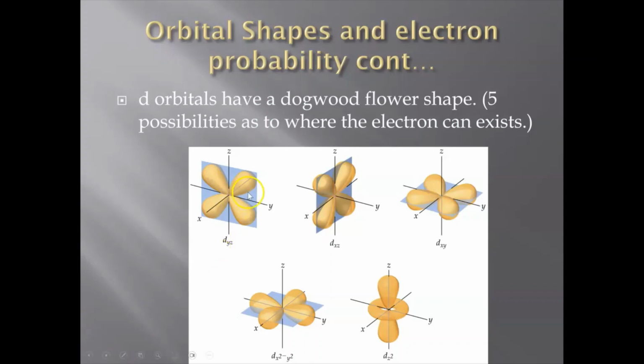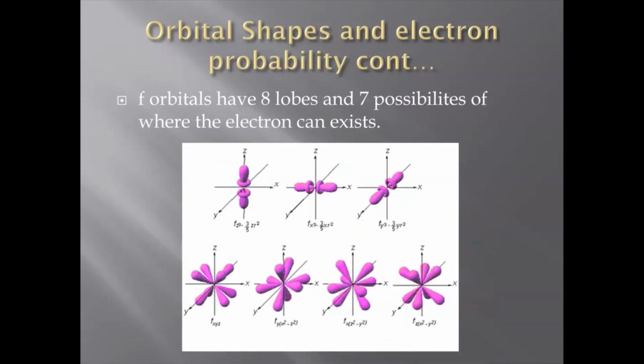Now, I'm not asking you guys to memorize the orientations of these. All we're trying to understand is that there are 5 possibilities, 5 orbitals, 5 possibilities of where electrons can exist for that d shell. All right. Now, the last one is the quantum number 4, where you're going to have your l equal to 3.